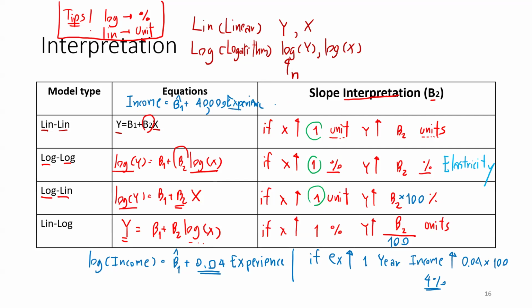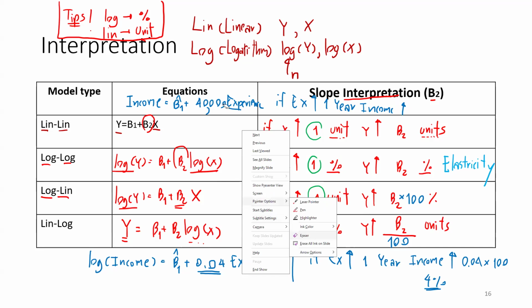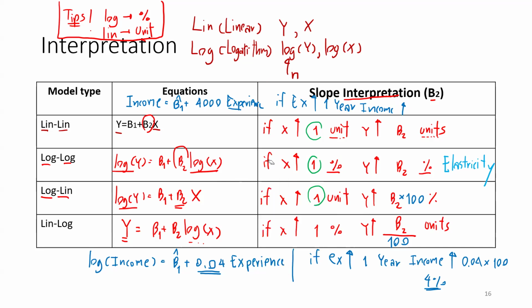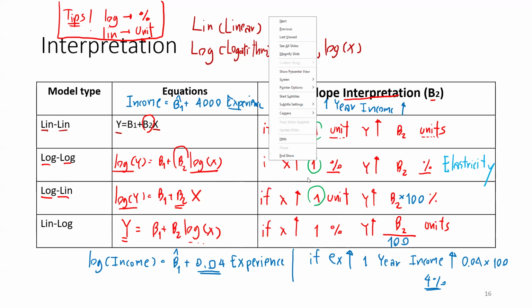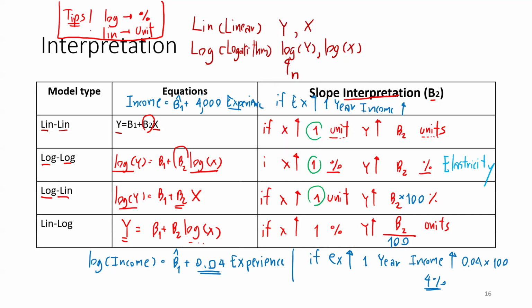It means if experience has no log, so it increases 1 year, income increases 40,000. It's unrealistic, increasing too much. 4,000 per year is possible.